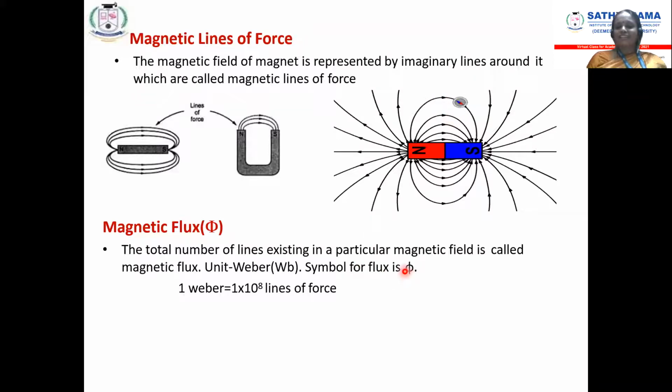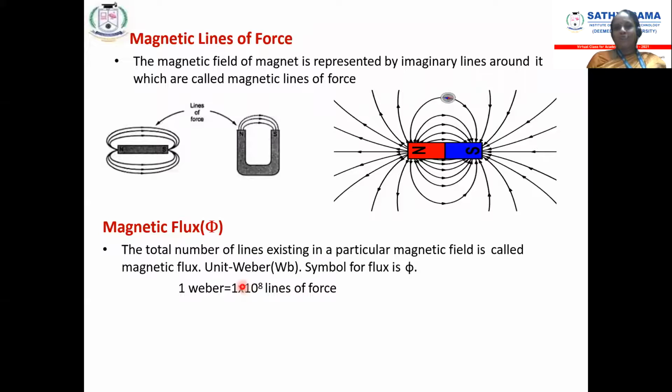The symbol for flux is phi. Can you view it on your screen? This is the symbol for flux. Whatever problem I solve, if I put phi, you have to know it is magnetic flux. What is the unit?